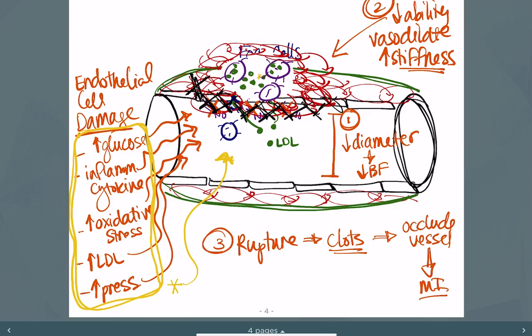There's no pain receptors here. There's nothing telling you that this has happened until the diameter gets so reduced that you have such a low amount of blood flow that you start to get symptoms. So in general, vessels are almost 70 to 75% occluded before you start to get any symptoms of oxygen supply and demand mismatch.